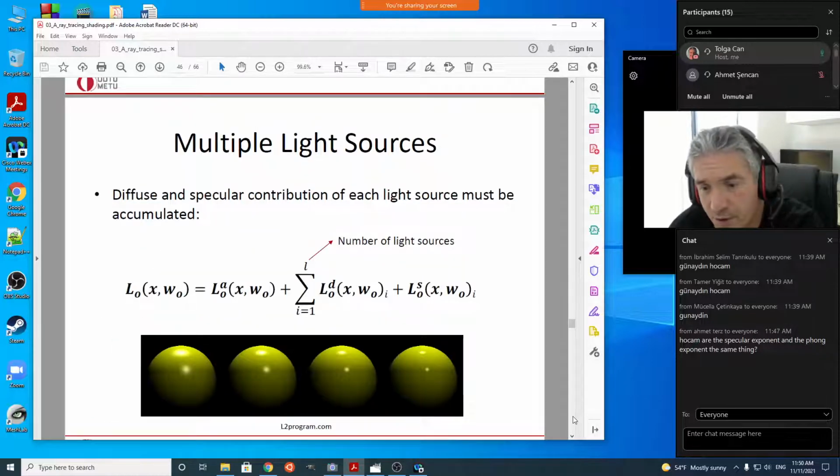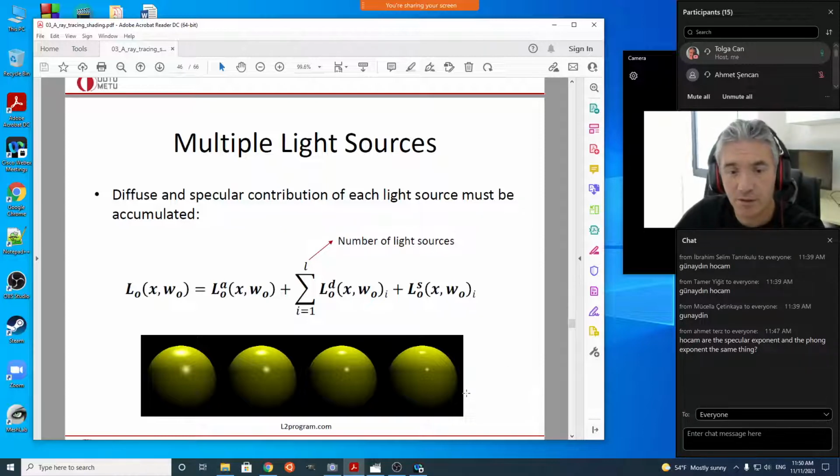We have these multiple light sources added up to get this color. So at this point, actually, the ray tracing algorithm is complete enough to get a view of a scene that is OpenGL-like, no shadows, no reflections, but we have the primitive objects, we have triangles and spheres.